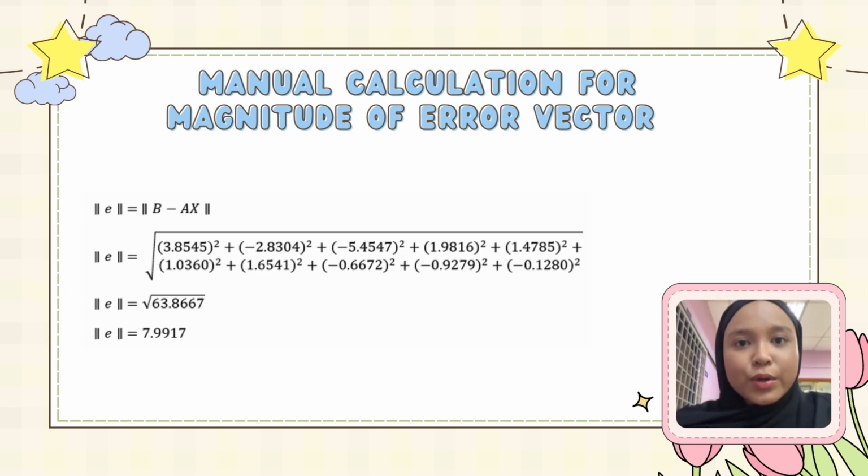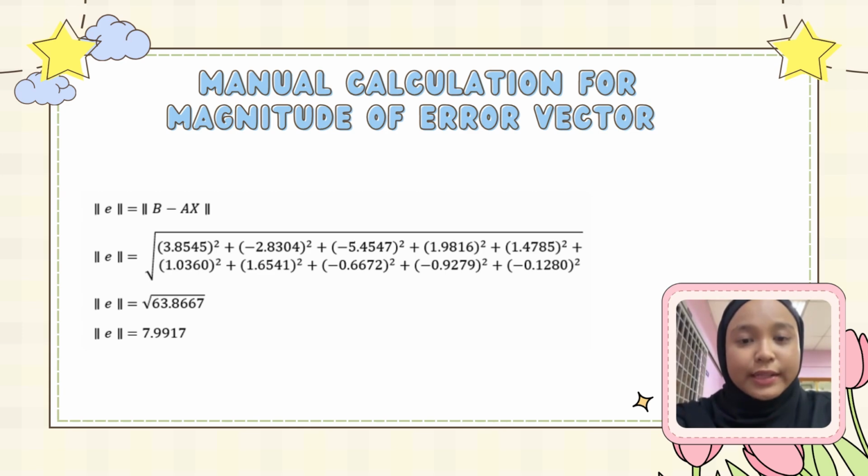So what we do is take each number from the error vector, square them one by one, add them all up, and then take the square root of the total.